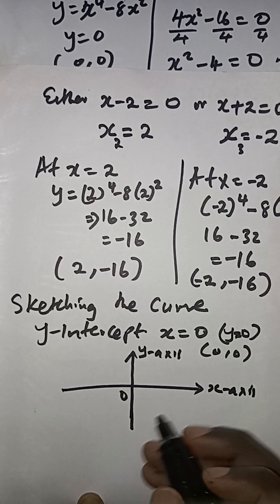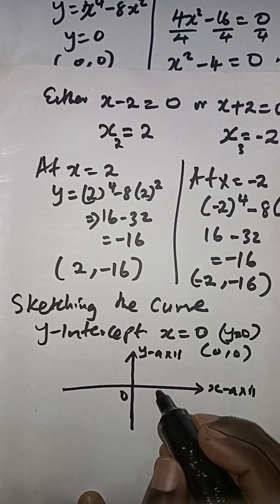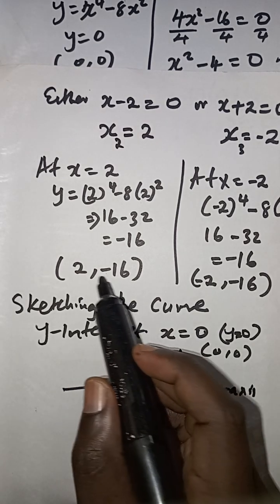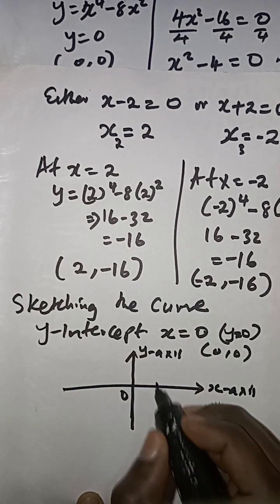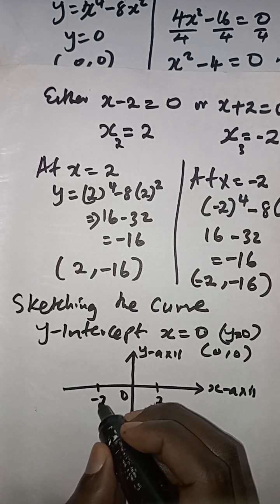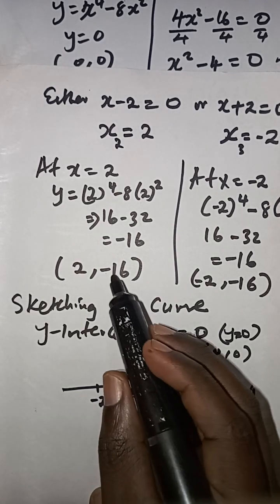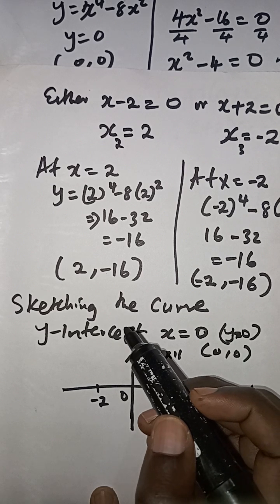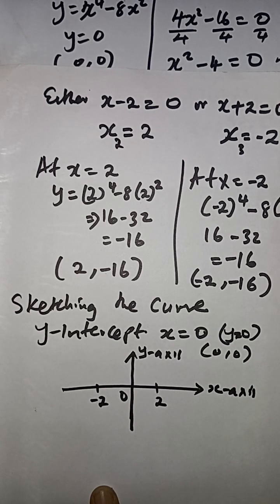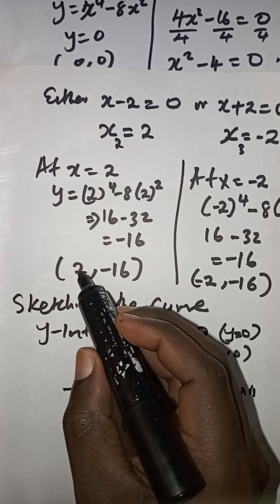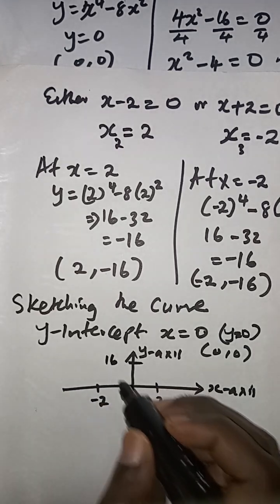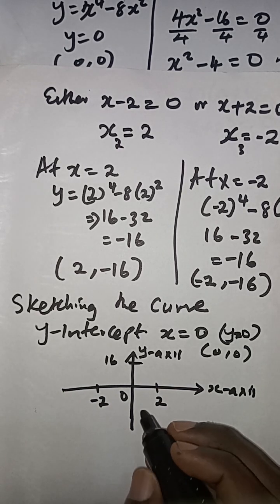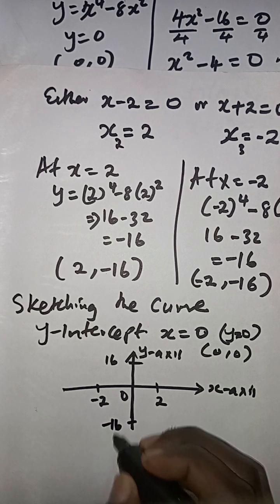Next, we've seen that this curve has stationary points at 2. So if this is my 2, and the other side is negative 2, the first one at (2, negative 16): when x is 2, let me say that is positive 16, and this is negative 16.